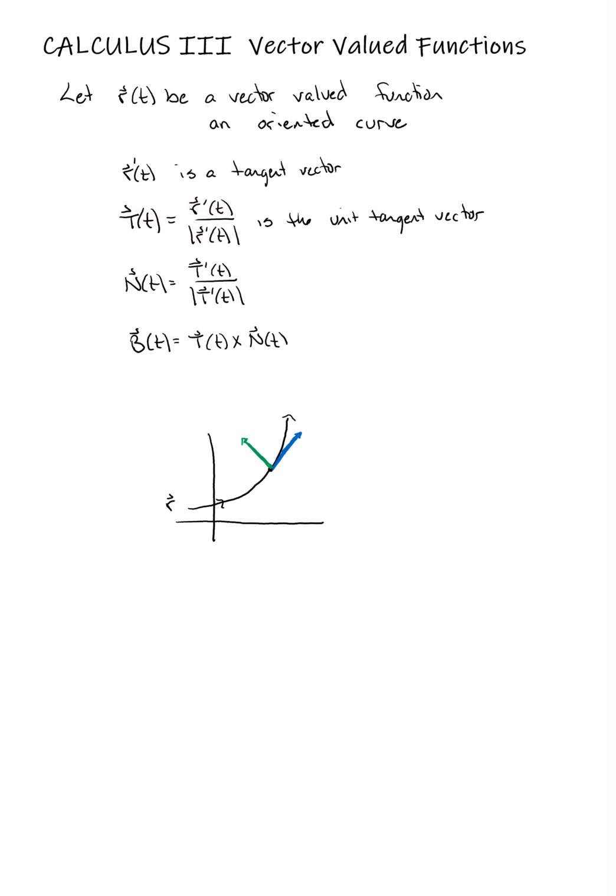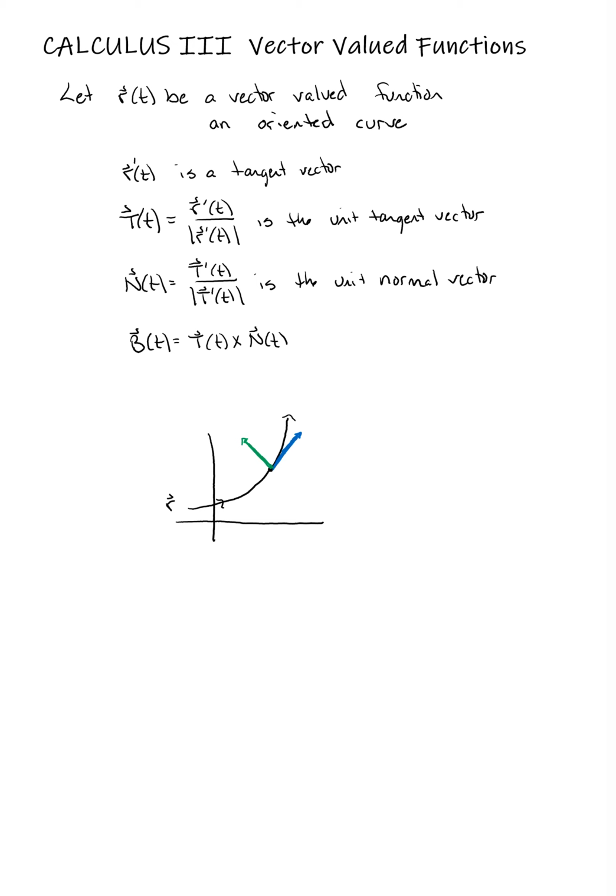Now, if I take the derivative of t and divide it by the magnitude, again, notice I'm taking the derivative and dividing it by its magnitude, so this is also going to be a unit vector. Well, this particular one, which we denote as n, is the unit normal vector.